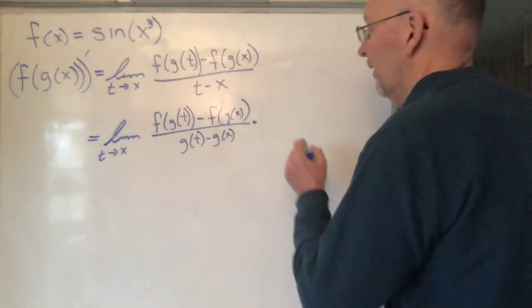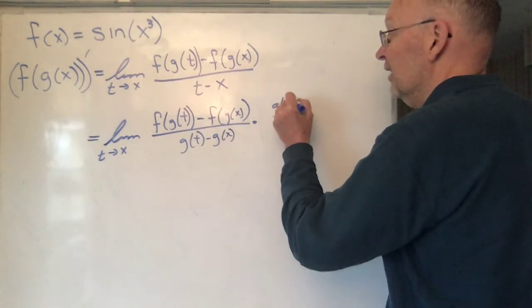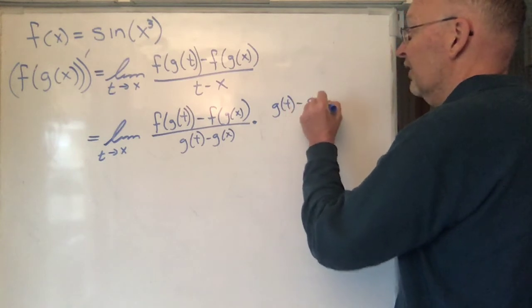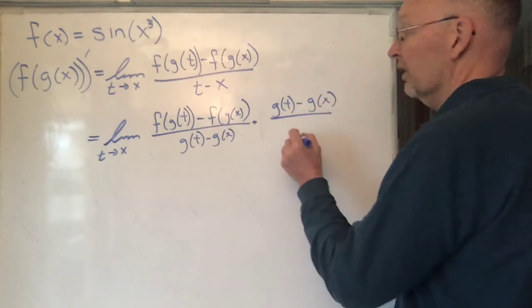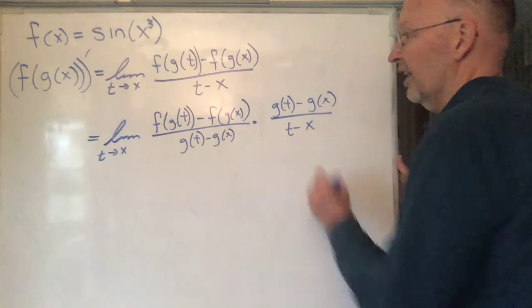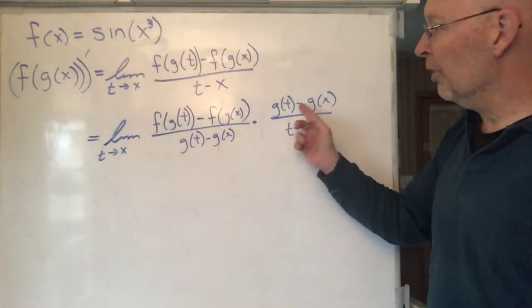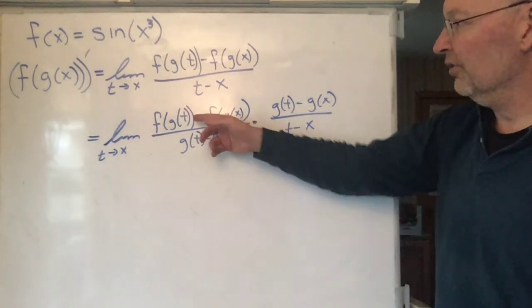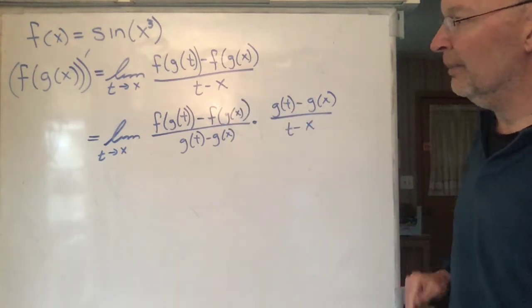And I'm going to multiply that by g of t minus g of x all over t minus x. So notice I just multiplied and divided by the same thing. So if I were to cancel those out, I'd get the same thing here.